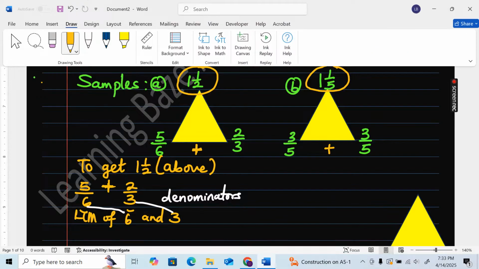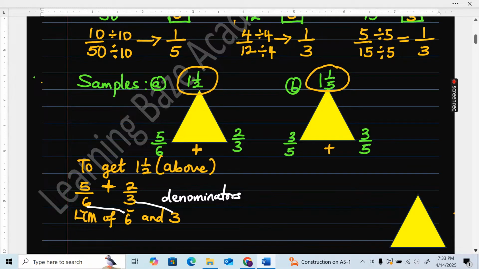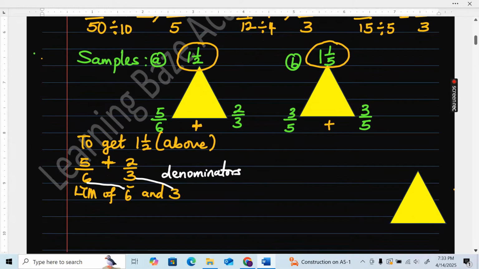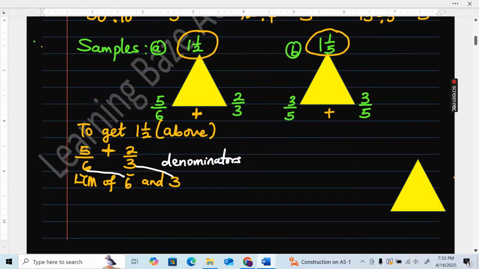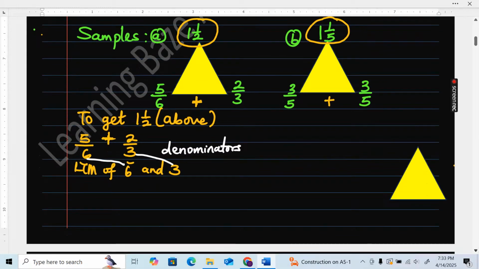Now, the LCM of 6 and 3 is 6, it is not 18. Don't make it a habit of multiplying two numbers together to find the LCM. That is not a good way of finding the LCM. It doesn't work every time like that. So the LCM of 6 and 3 is equal to 6.